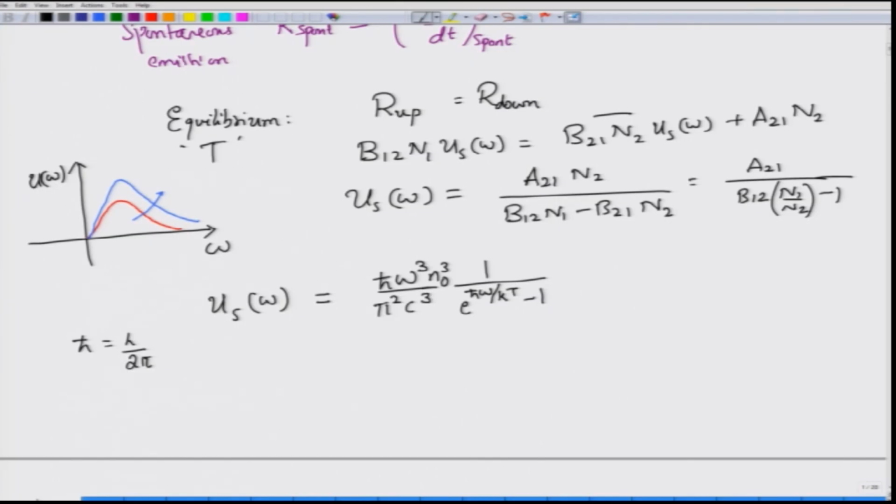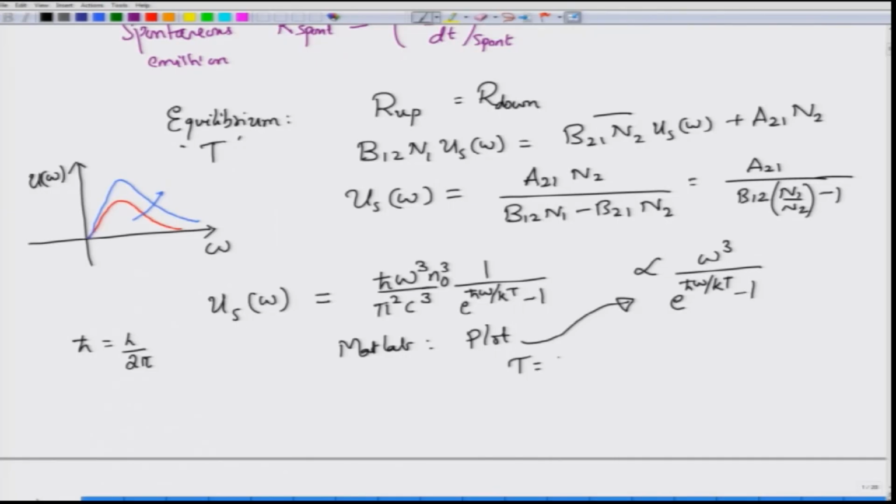The important point is, apart from all these pesky constants like h bar, pi square, c cube, n0 cube, in terms of the frequency it is really omega cube divided by e to the power h bar omega by kT minus 1. You can actually use MATLAB to simply plot this curve for different temperatures.